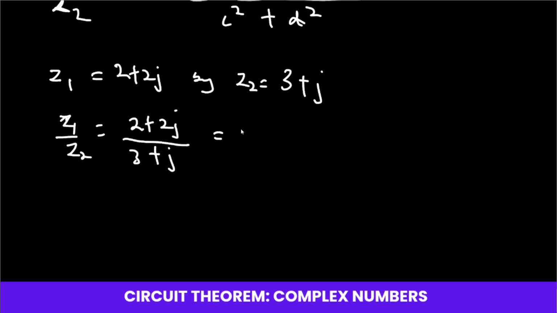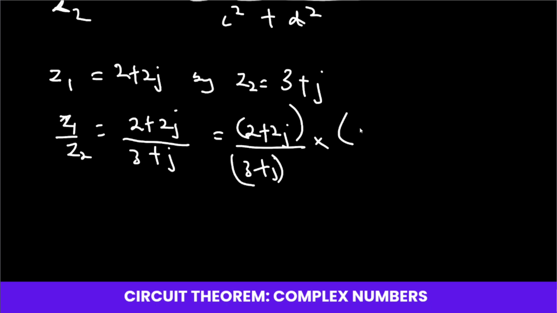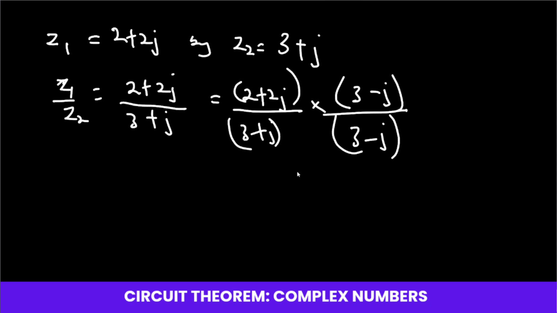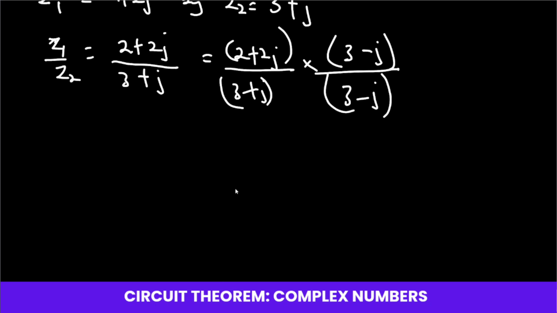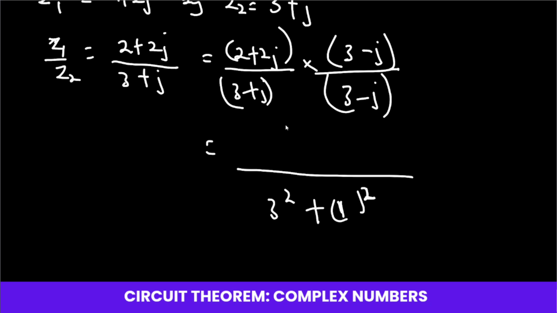This can be represented as 2 plus 2j in brackets, multiplying the conjugate of the denominator, 3 minus j, all over 3 minus j. Since we know this is the difference of two squares, our denominator will be 3 squared plus 1 squared.